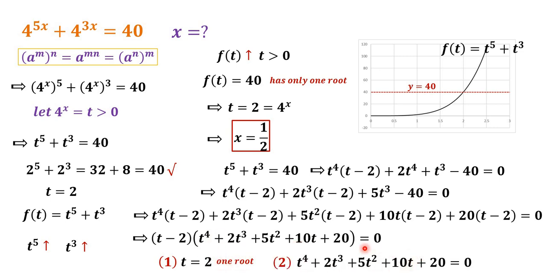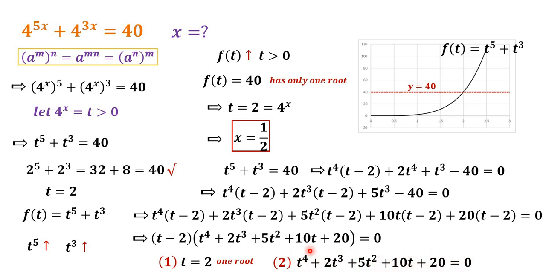The second case is t to the power of 4 plus 2t to the power of 3 plus 5t squared plus 10t plus 20 is equal to 0. Since we know that t is positive, this term is always positive.